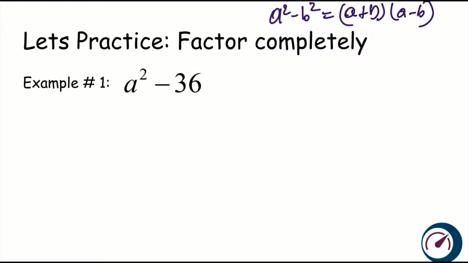Hence, now when we're applying difference of two squares, there are some observations that we need to make before we can go ahead. First, we need to identify that we have a perfect square subtracting another perfect square. So we have a perfect square term minus another perfect square.